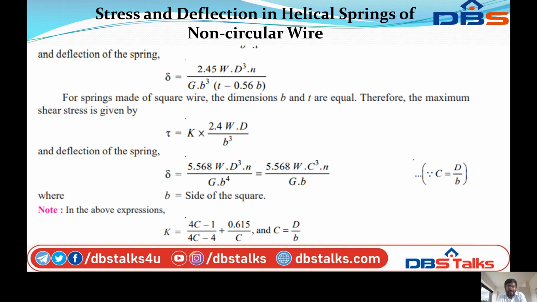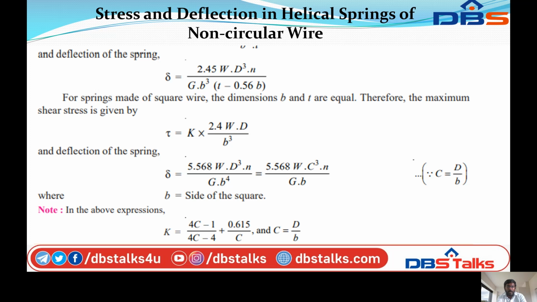And the deflection of the spring delta is equal to 2.45 W into D cube into N by capital G into B cube into (T minus 0.56 B). For springs made of square wire, the dimensions B and T are equal. Therefore, the maximum shear stress is given by tau is equal to K into 2.4 into W into D by B cube, and the deflection of the spring delta is equal to 5.568 W into D cube into N by capital G into B power 4.